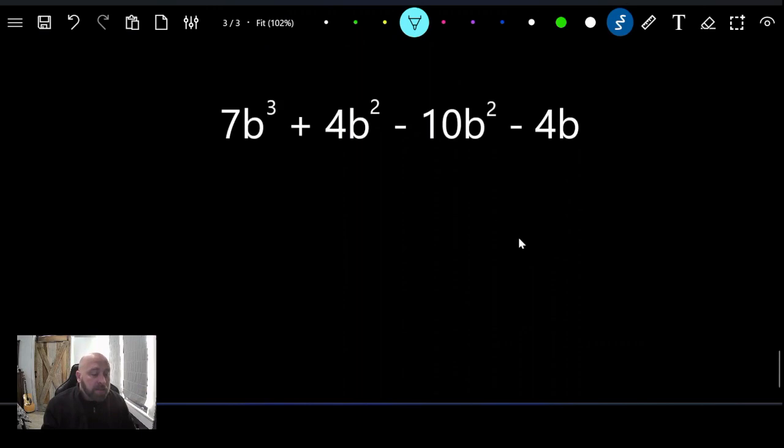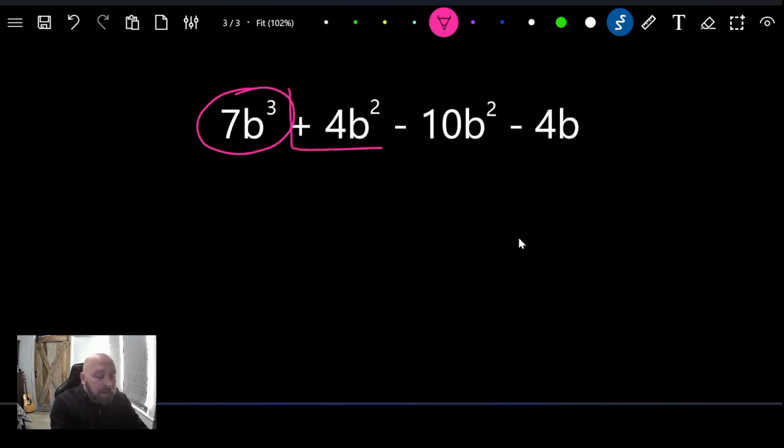All right, next is 7b cubed plus 4b squared minus 10b squared minus 4b. So again, let's circle all of the cubed terms. Well, I only see one cubed term.